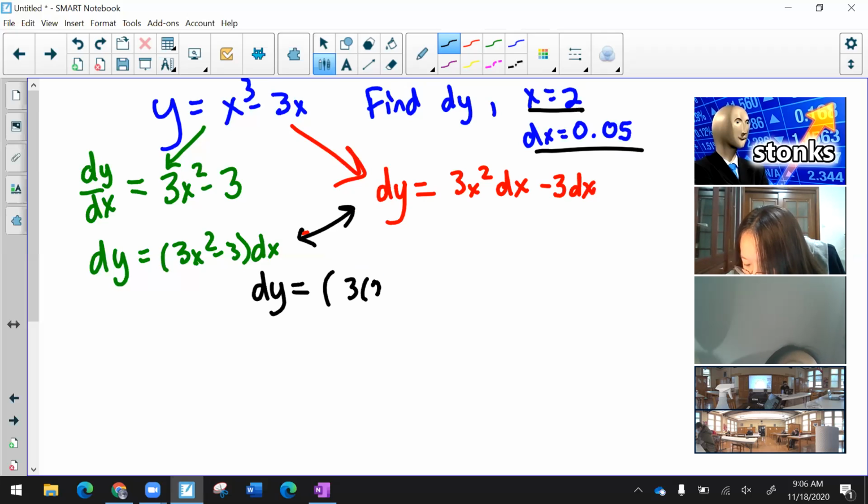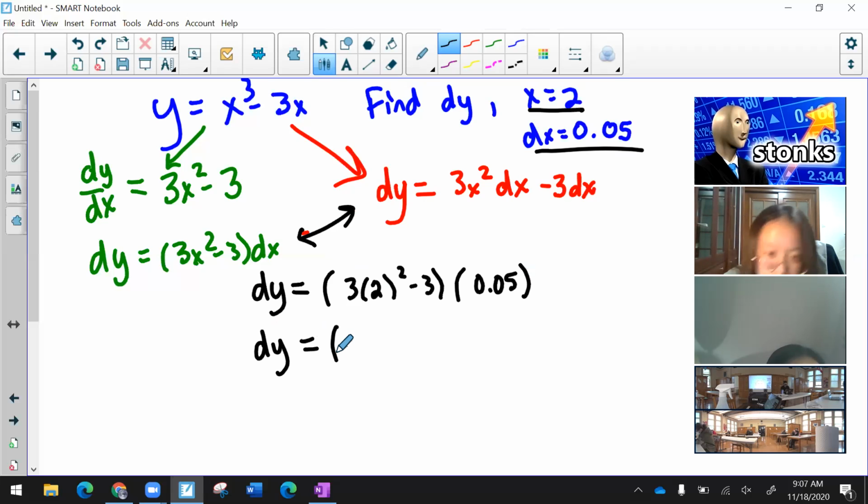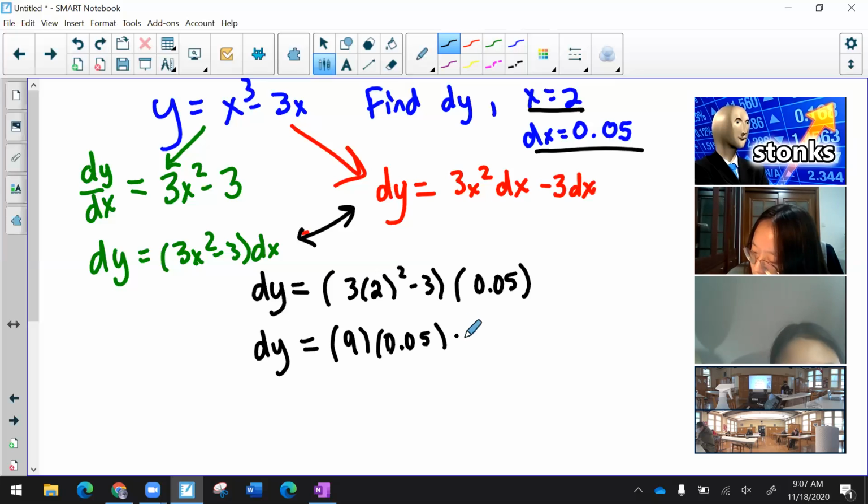So that's going to be 3 times x, which is 2 squared, minus 3 times dx, which is 0.05. So dy is going to give us, let's see, 2 squared is 4, times 3 is 12, minus 3 is 9, times 0.05, and that should give me 0.45. Okay.